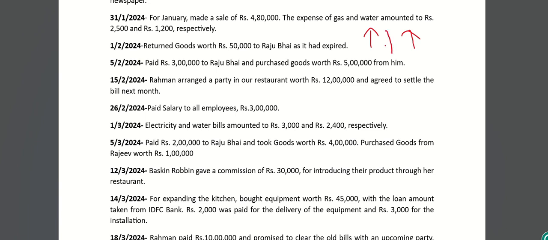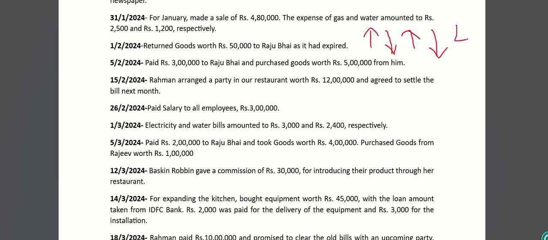That means the expense purchase should reduce, and at the same time the liability to Raju will also reduce. A common man can just think about that. When we have taken goods worth 4,50,000 from Raju, and we return goods worth 50,000, which I don't need, now we are only obligated to make a payment of how much?